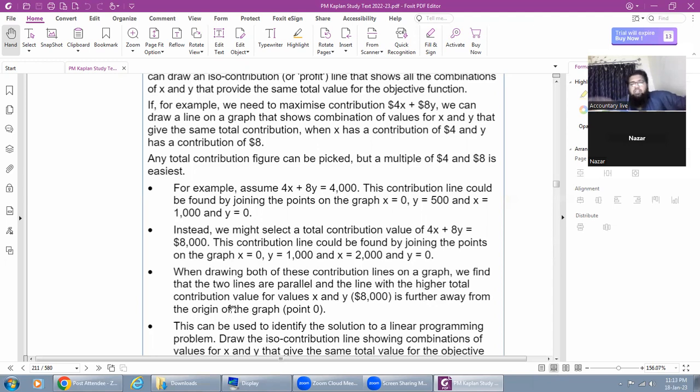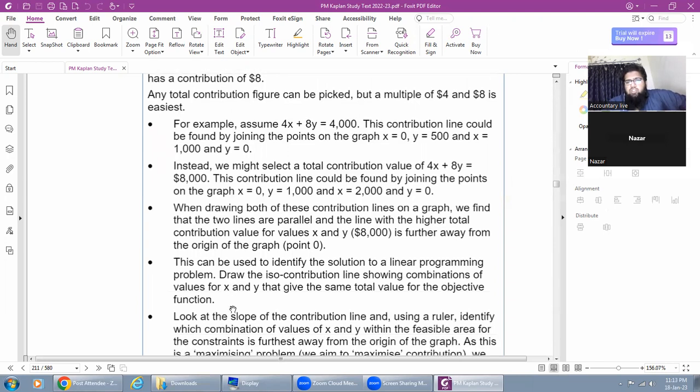Then we have values of 1000 and 2000. When drawing both of these contribution lines on the graph, we find that the two lines are parallel, and the line with the higher total contribution value, 8000, is further away from the origin of the graph, 0,0.